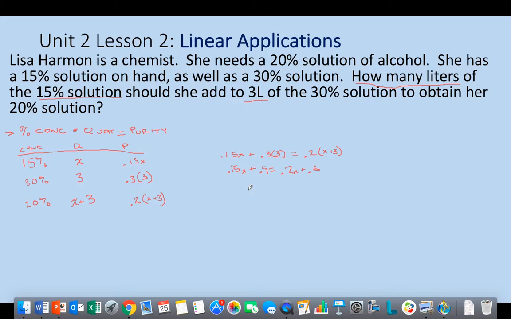We're going to wind up with 0.3 equals 0.05x, and divide both sides by 0.05, and we get 6. So again, what did x stand for? Well, x stood for the number of liters of 15% solution that'll give me this. So again, I'd put a therefore statement. I'd probably say something like, therefore, I should mix 6 liters of 15% solution to get my 30% solution.